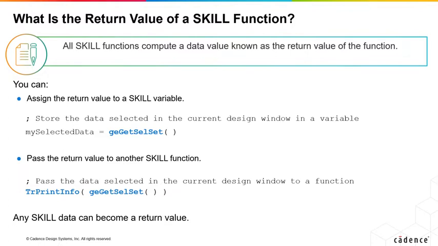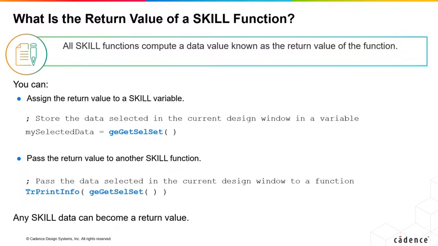In the second example here, we will pass the return value to another skill function. In this particular case, we'll be using the same function that we used in the prior example, GEGET_SEL_set, to collect the data that the user selected into a list. The return value of GEGET_SEL_set is then passed into a function called trPrintInfo.